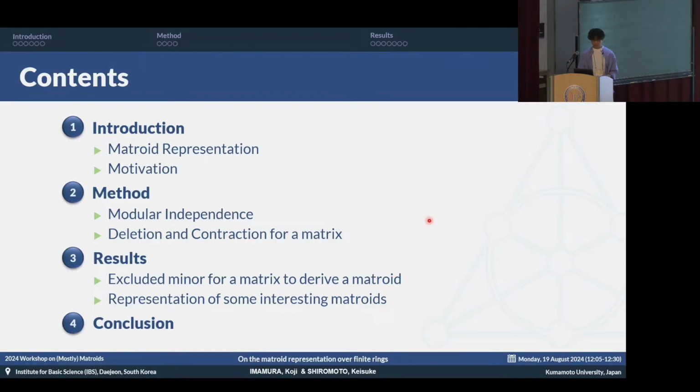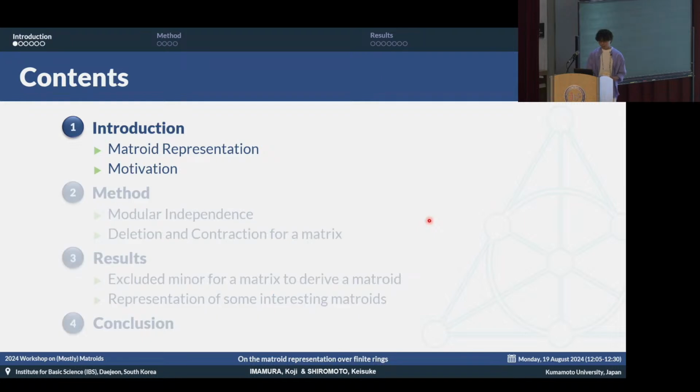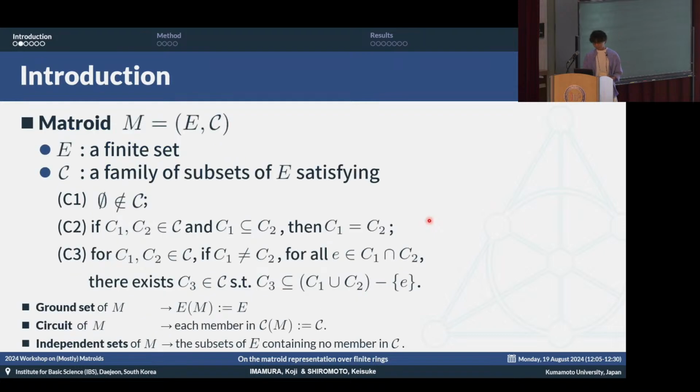This is the outline of my talk. Maybe this first introductory section would be too elementary for those who know matroids very well, but I will remind just in case. As is well known, there are many equivalent ways to define a matroid, but in this talk, I will adopt the circuit axiom.